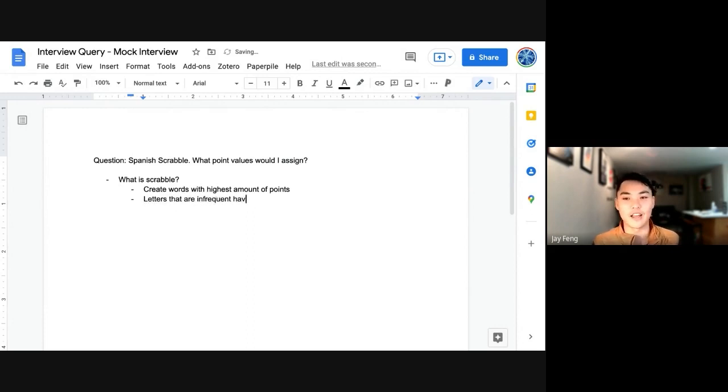On the other side, all the vowels are assigned basically 1 point because they're very common and show up in almost every language. And so specifically, as a data scientist, you're tasked with figuring out how to correctly weight the points for Spanish. Given the scenario, how would we approach the problem here?